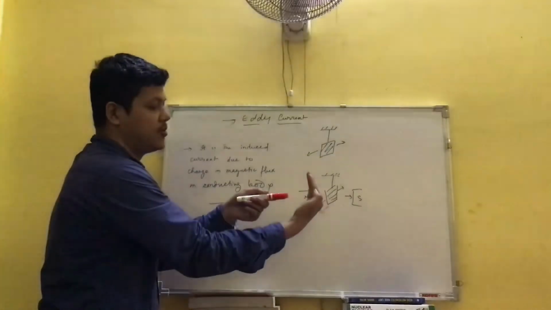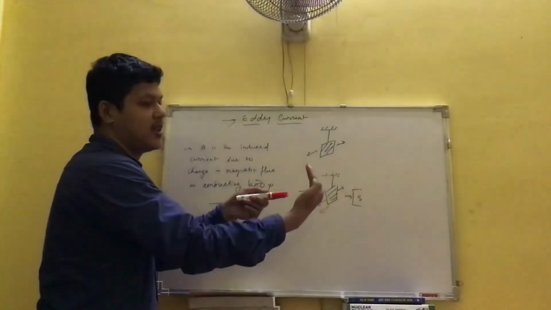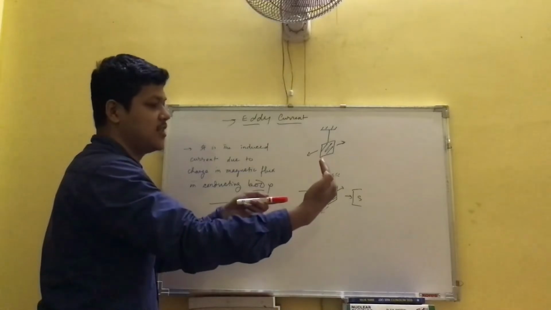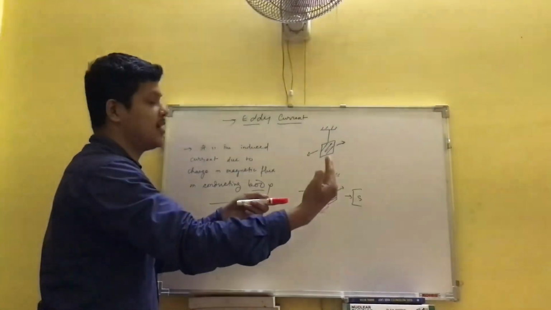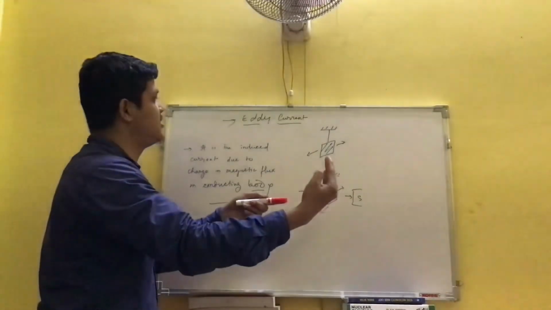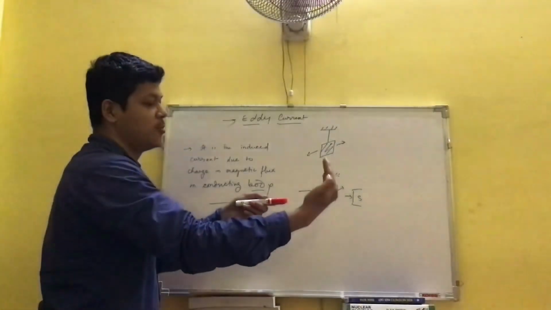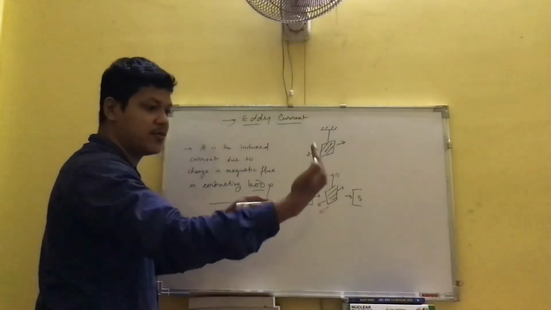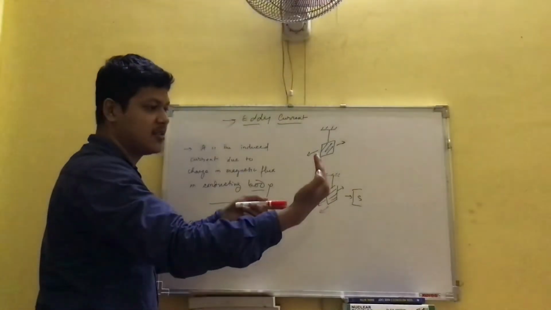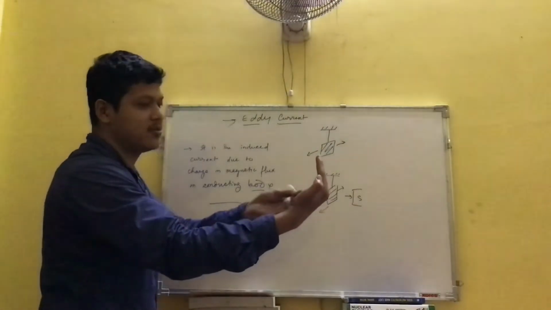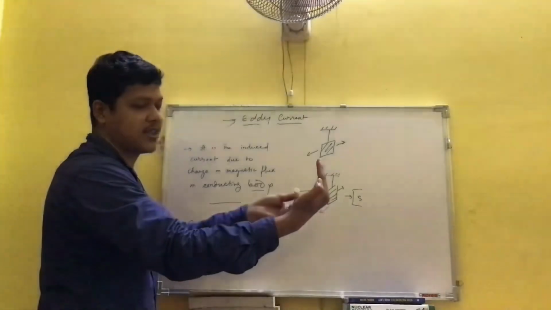So while it is coming towards you, the induced current, which is called eddy current here, will resist coming towards this. That means the direction will be towards both. That will be the direction of the eddy current.